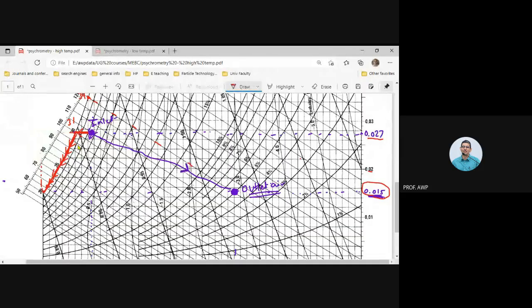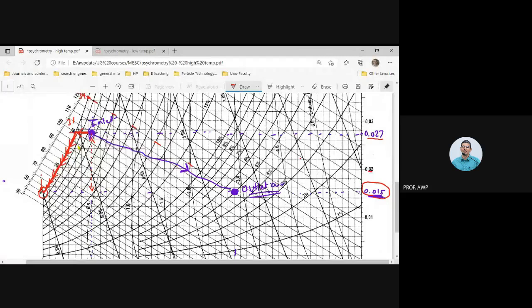Do you agree? Now we have reached the air with the humidity that is required, and we have got liquid water which has condensed out. This much amount of liquid water has condensed out. So that condensed out water we will separate.